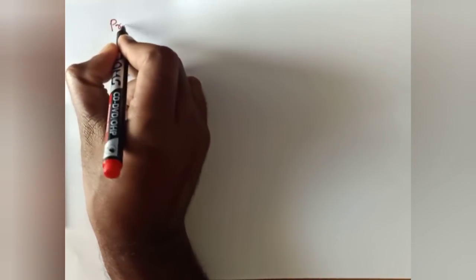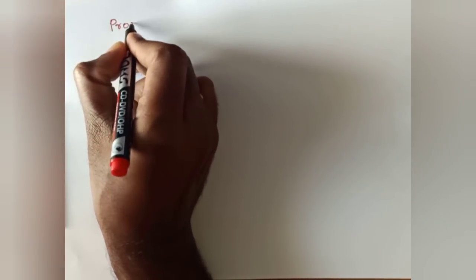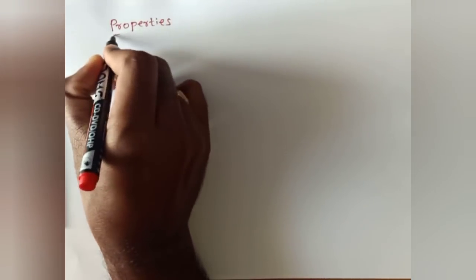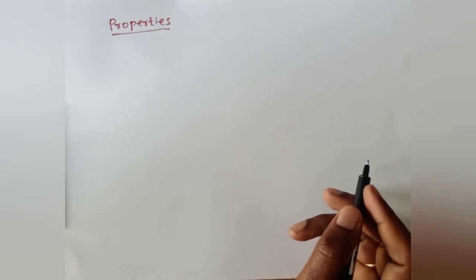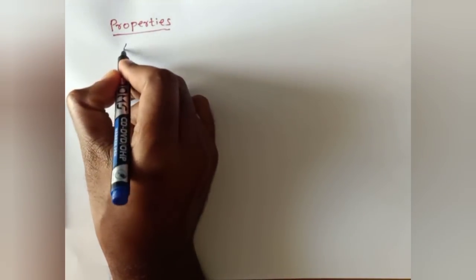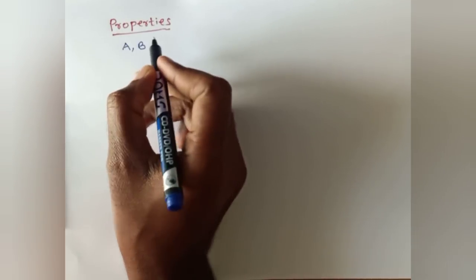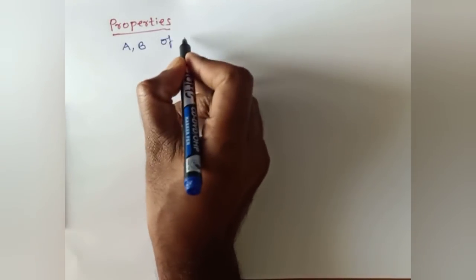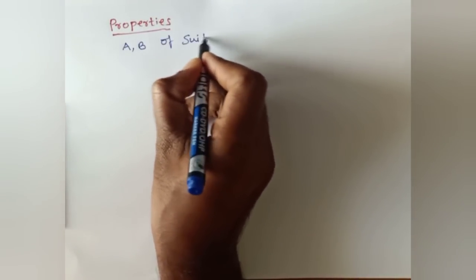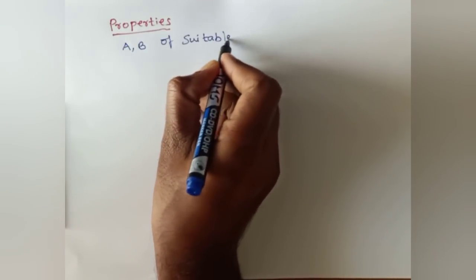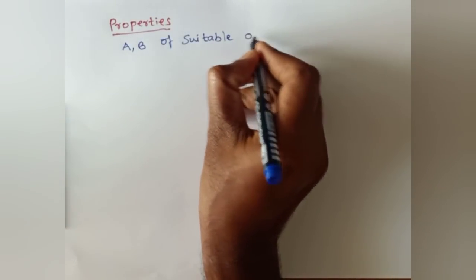Let's see some properties regarding the transpose of a matrix. Let us consider two matrices A and B, for any two matrices A and B of suitable orders.